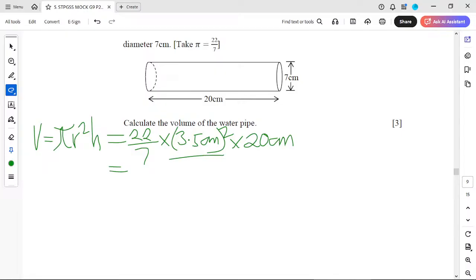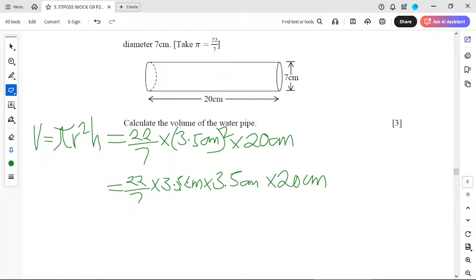So what we're going to do is say 22/7 times, then we expand that, which is 3.5 centimeter, times 3.5 centimeter.